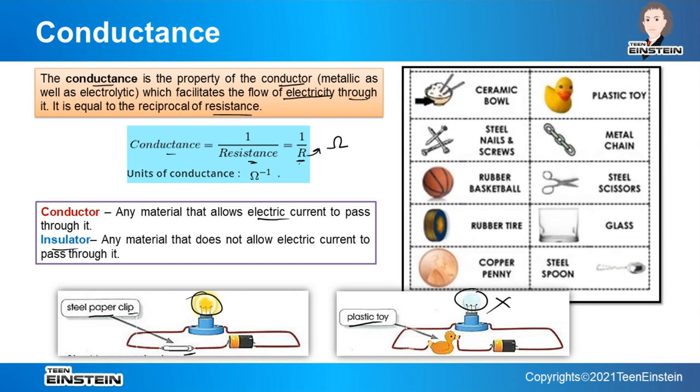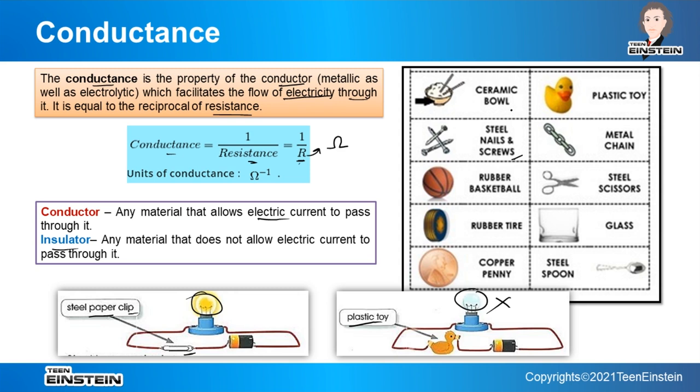Here we have some examples of conductors. This side is conductor, this side is insulator. So ceramic bowl, steel nails and screws. Mostly we'll see that the metallic things are conductors.